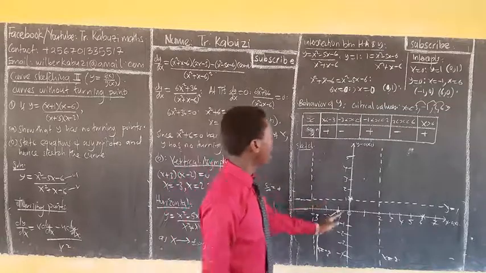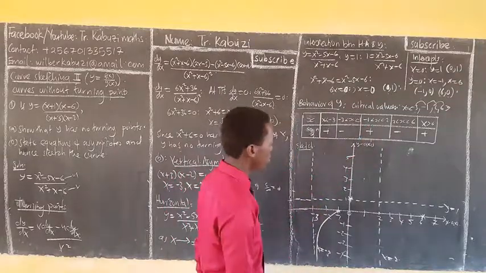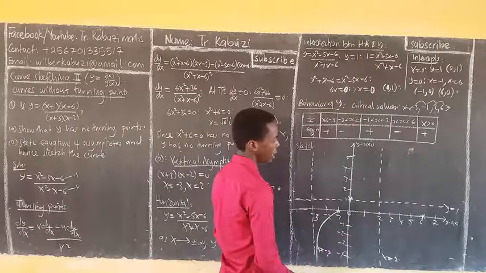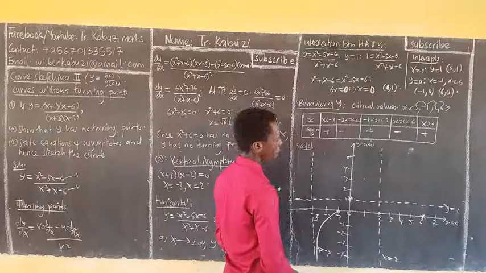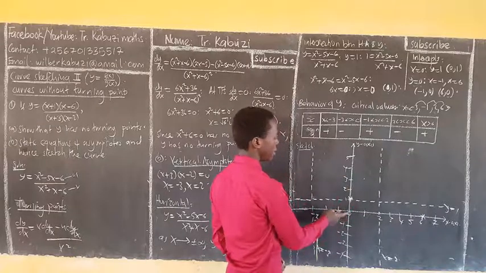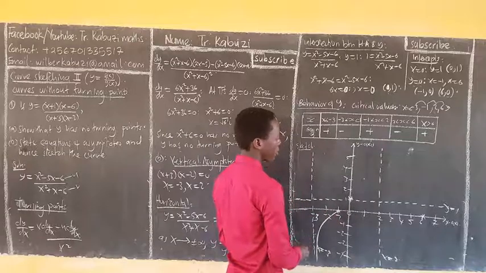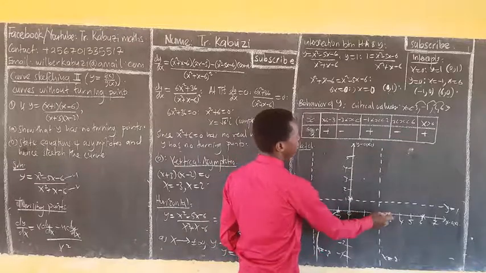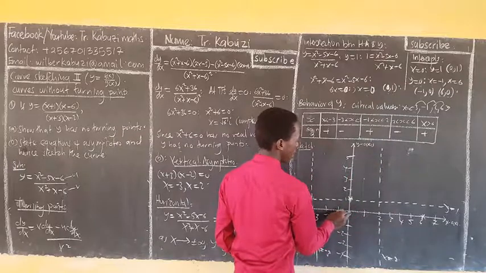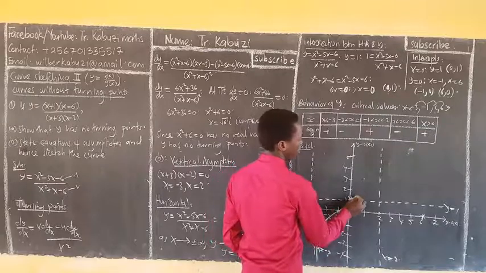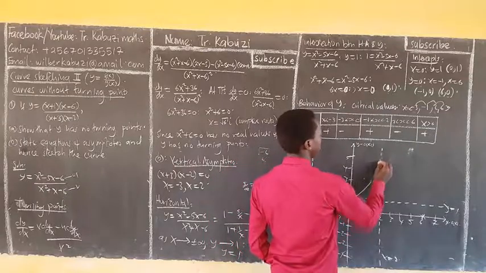Between negative 1 and 2, it's positive. Because it doesn't intercept there, it's going to come like this, above the x-axis and intercept there. Then it rises along the asymptote like this.